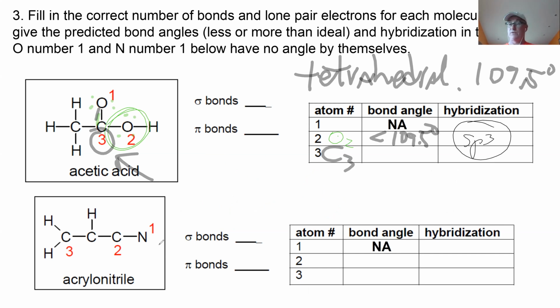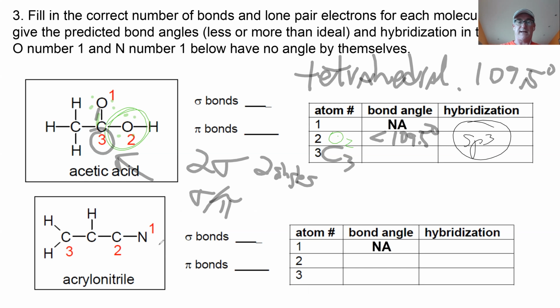It's got 2 single bonds, 2 sigmas, and it has another sigma and pi for a double. So it's got 2 single bonds, and it's got a double. 3 regions of electron density. So what hybridization is that? sp2. Guys are picking up on this quickly. Yeah, sp2 for 3 regions.